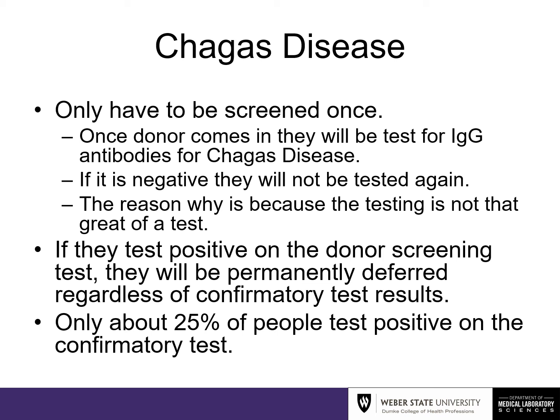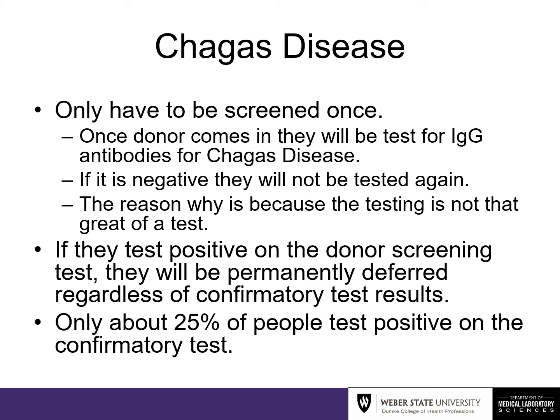With Chagas disease, we only have to screen for it once. The first time a blood donor comes in and donates blood, we will screen them for Chagas disease, but after that we won't have to screen them again. Once the donor comes in, we will test for the IgG antibodies for Chagas disease.